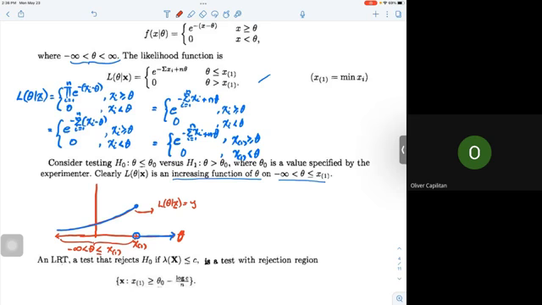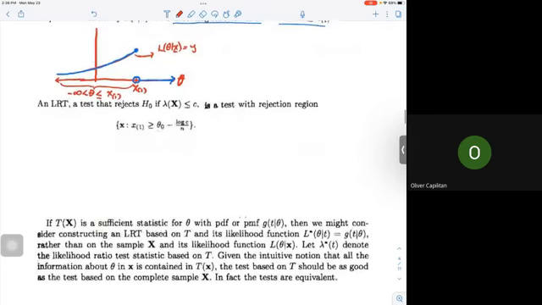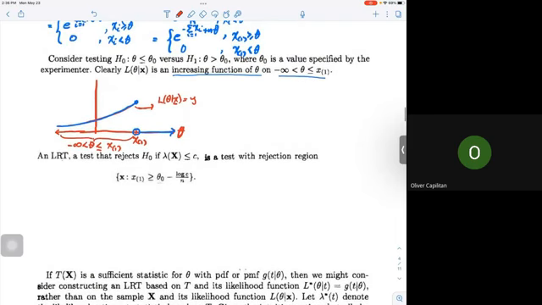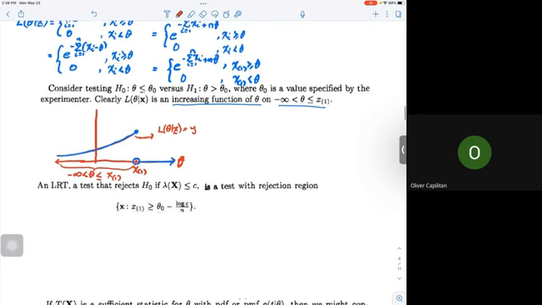So, if we look at the denominator of our likelihood ratio statistic, lambda of x, over the entire parameter space, from negative infinity to positive infinity, where will our likelihood function be maximized?